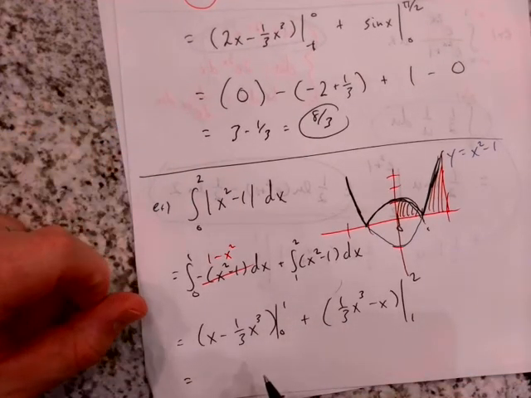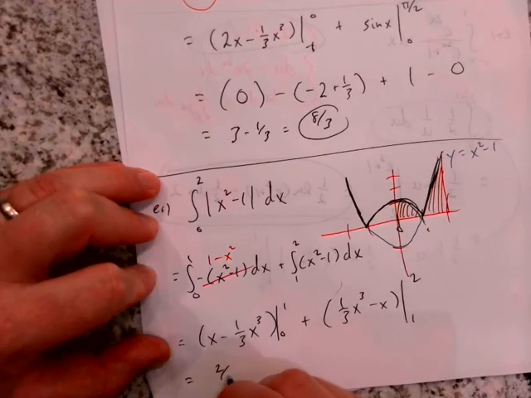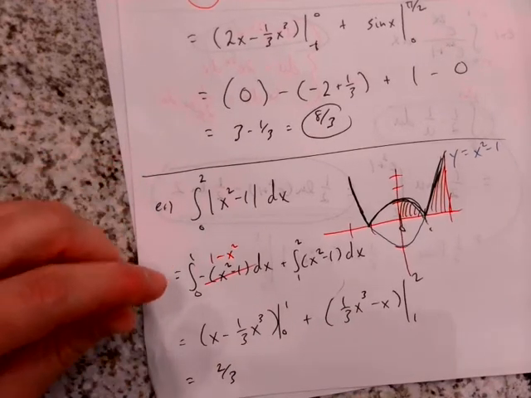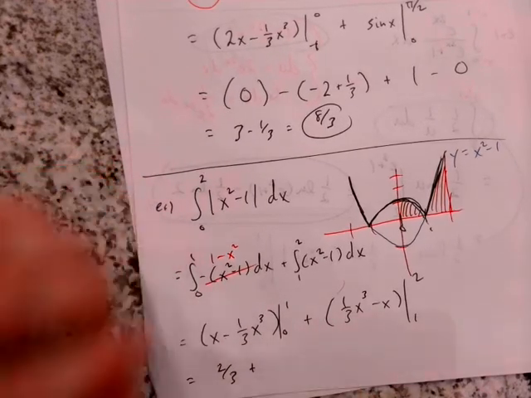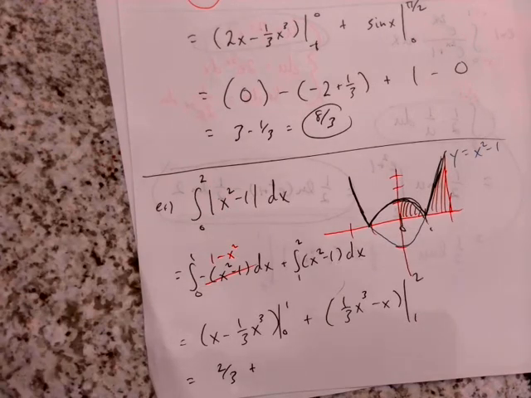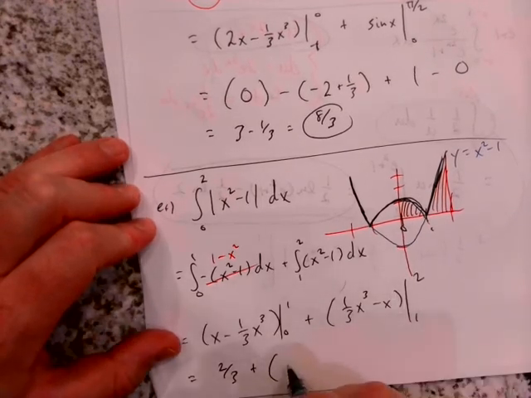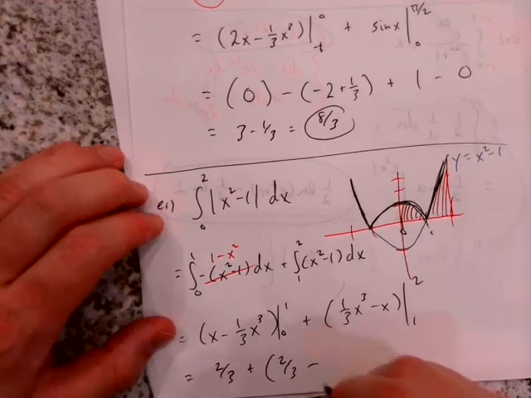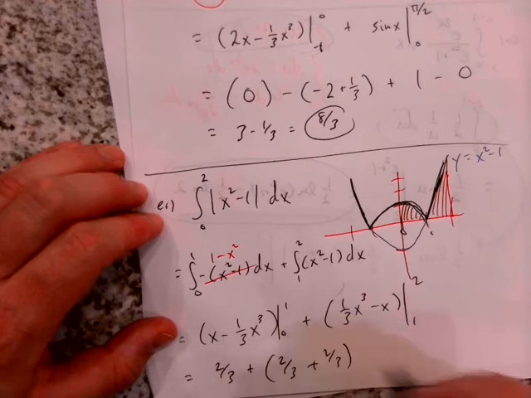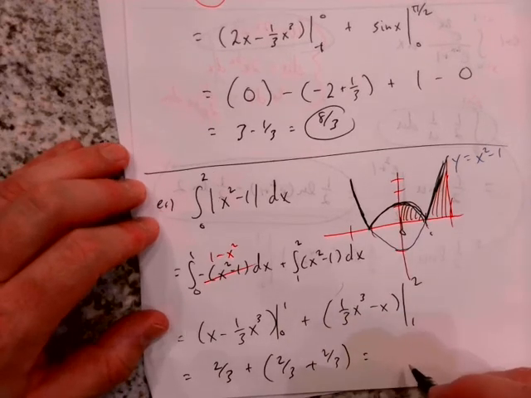From over here, we have 2/3, and you do out all that math. And over here, it's going to be a little bit trickier. We have 8/3 minus 2, which is 2/3, minus 1/3 minus 1, which is plus 2/3. We got 2/3 all over the place.